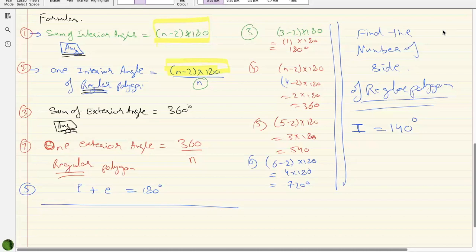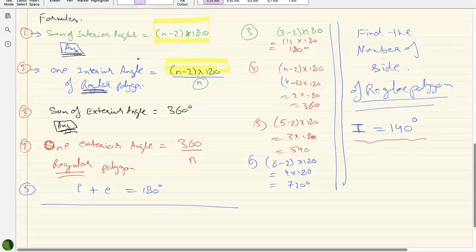That's 9. Do you care to share how you did that? I first subtracted 140 from 180, and then... That's right. I exactly wanted you to do that.